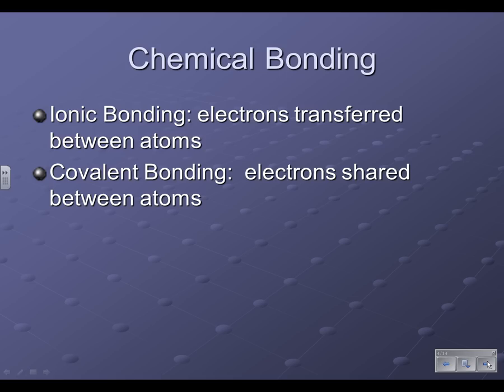There has to be that desire for electrons between both atoms, which means we've already established that nonmetals are looking to gain electrons. So covalent bonds occur between nonmetals and other nonmetals, which is one of the ways that they're different than ionic bonds. So we see that the ultimate goal of covalent bonding is the same as ionic bonding, but what happens when we do that is a little different.